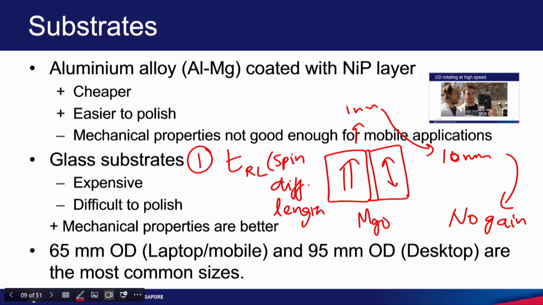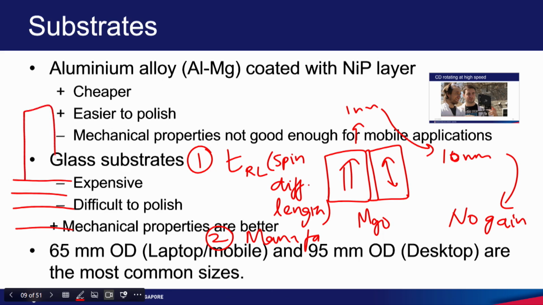The second problem is from the manufacturing. So, let us say you make it very thick. What people do, they have many layers of MRAM material, then they have to do lithography. So, we have a certain resist. Then using this resist as a mask, you are etching the layers to get the MTJ, right.